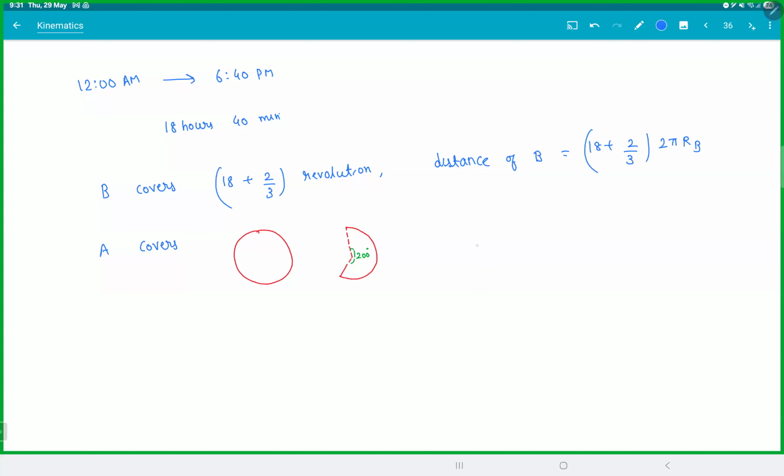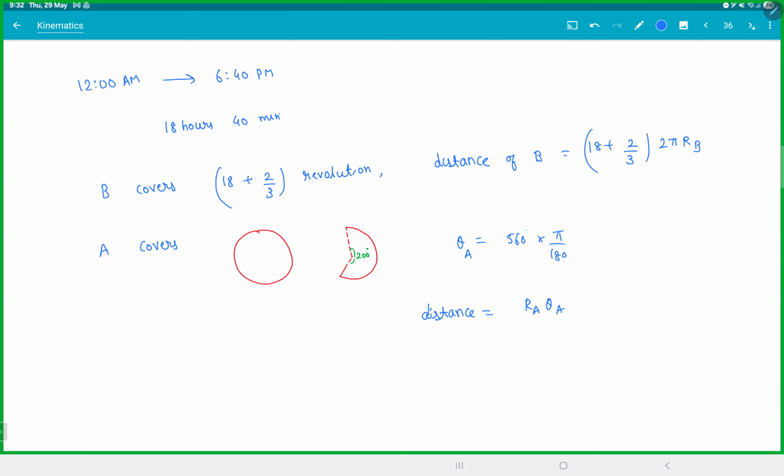So the total angle will be, how much is that? So theta covered will be 360 plus 200. That is 560 degrees into pi by 180. I can convert this into radians. Distance traveled will be radius of A into theta of A. Clear with that?